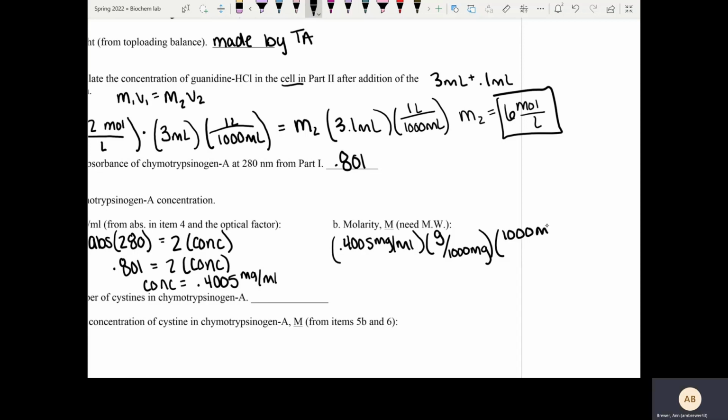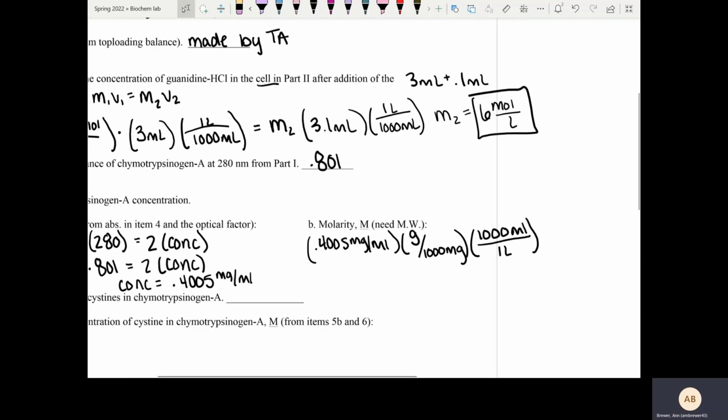So 1,000 milliliters in 1 liter. And then we multiply by the weight, so moles, there's 250 grams per mole. And so the molarity is going to equal 1.602 times 10 to the negative fifth moles per liter.